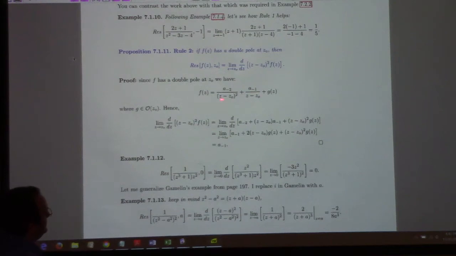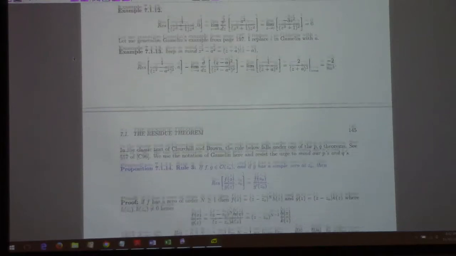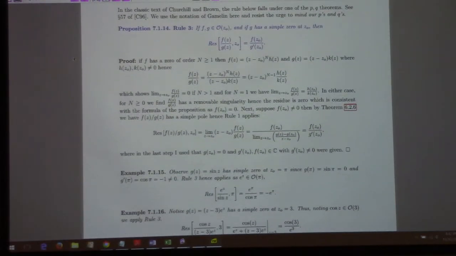You take the assumed form of f, multiply by z minus z naught squared. It gets you to this. When you differentiate, that pulls down the a to the minus 1 and other stuff that limits to 0. So there's the double pole rule. You might guess there's a triple pole and a quadruple pole, and there are higher rules, but I usually just find myself using, actually, we use rule 3 a fair amount in calculations.